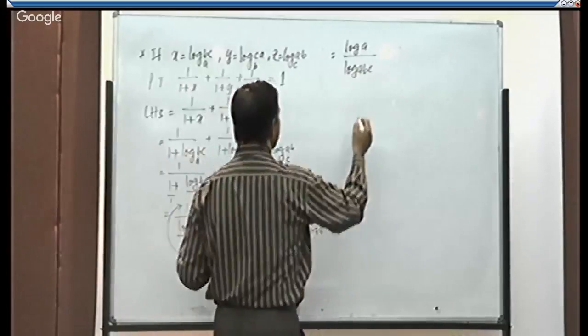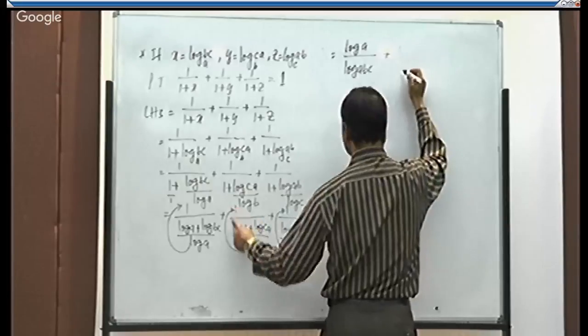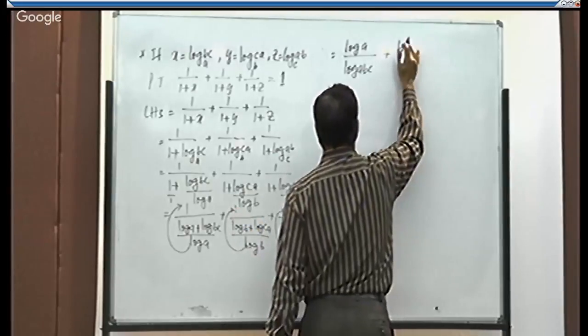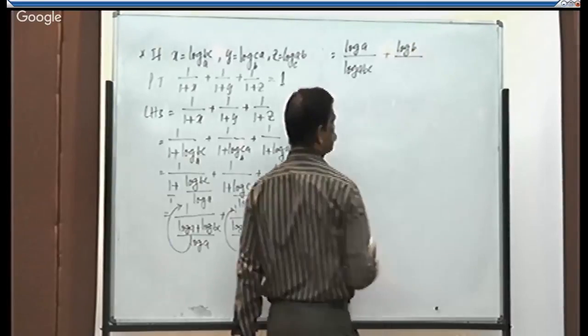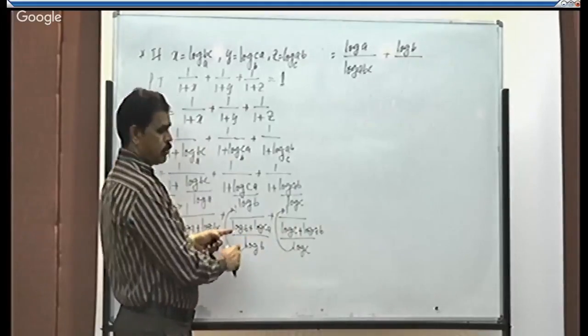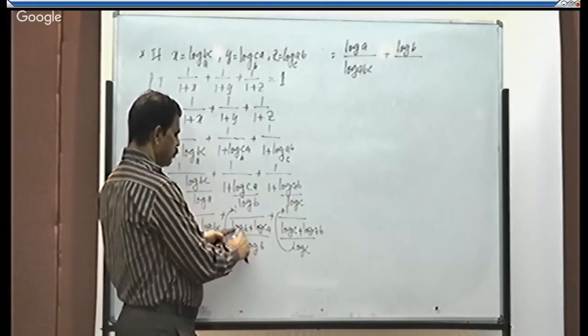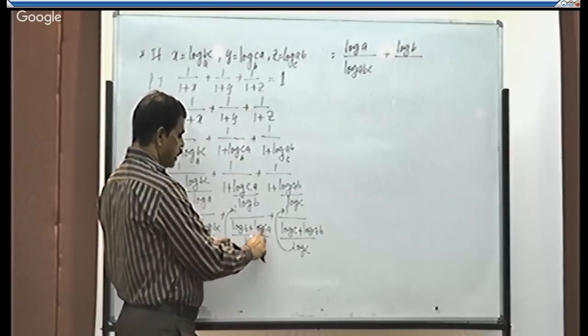In the same way, next term, this log B goes to the numerator, log of B divided by. Here also use log M plus log N is equal to log MN. What is M? B. What is N? CA.